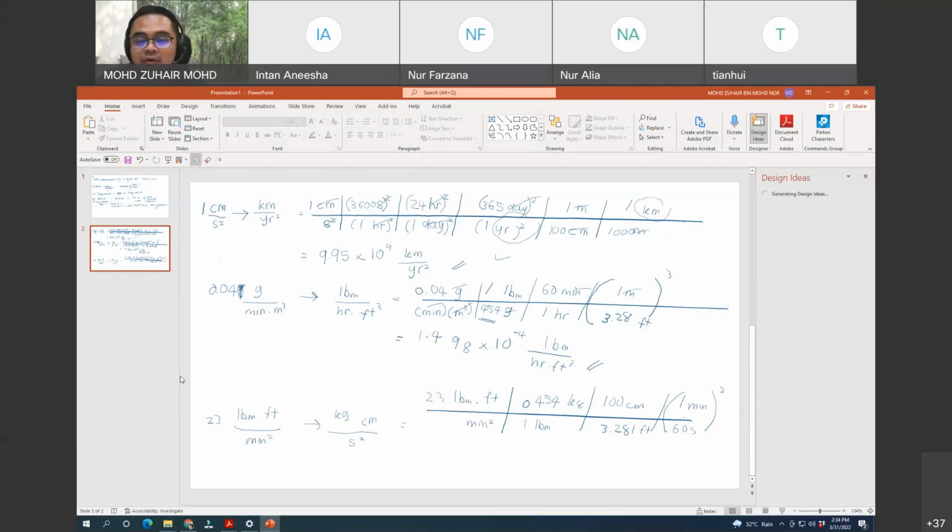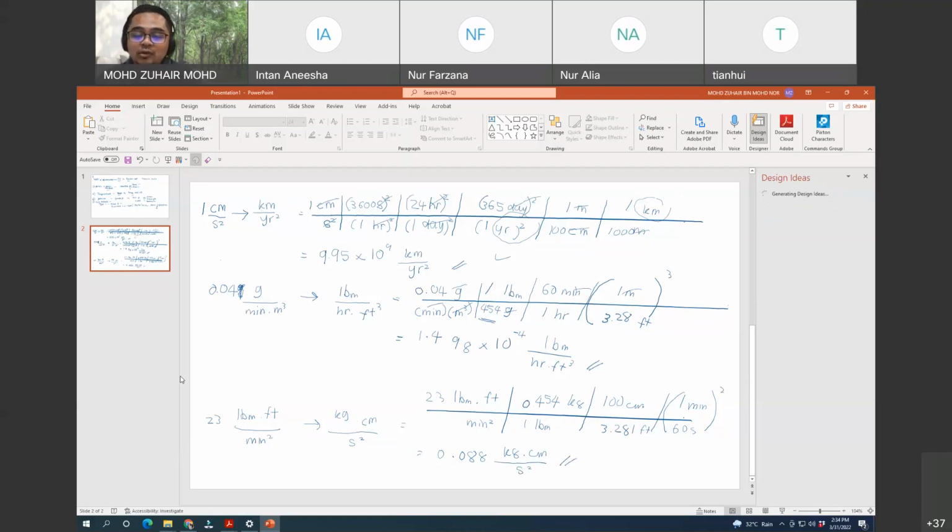So after you do the calculation, you are going to get the final answer of 0.088 kg cm over second power of 2. So this will be the final answer.